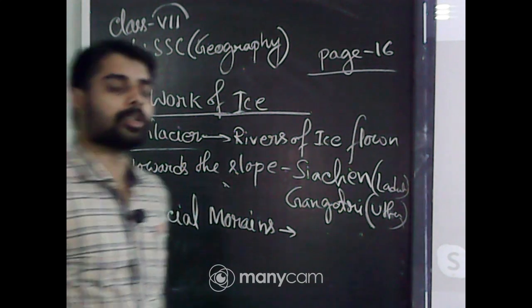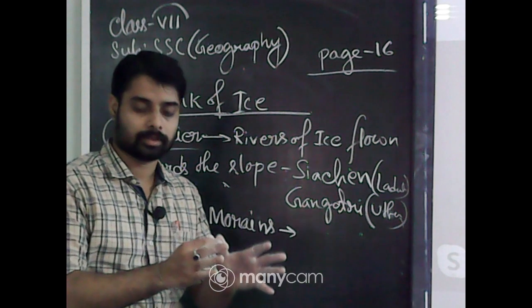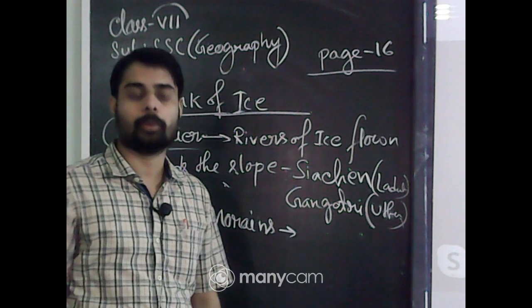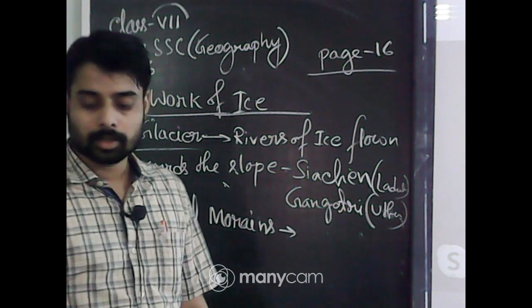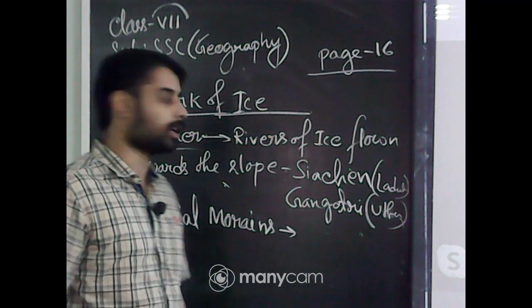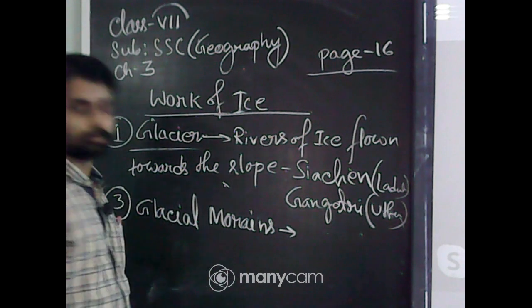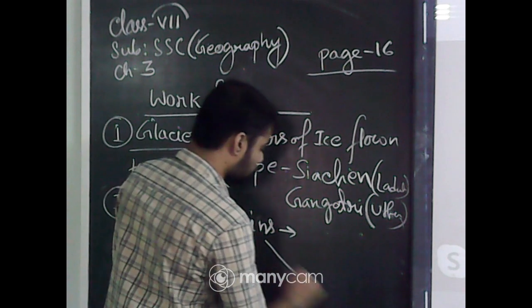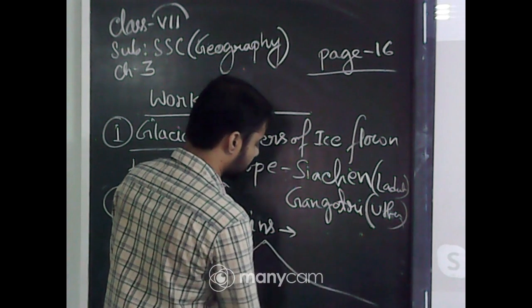Silt means a muddy substance carried by the glaciers from the top of the mountains. All these things get deposited on the slope of the mountain where the mountain merges with the plateau or plains.